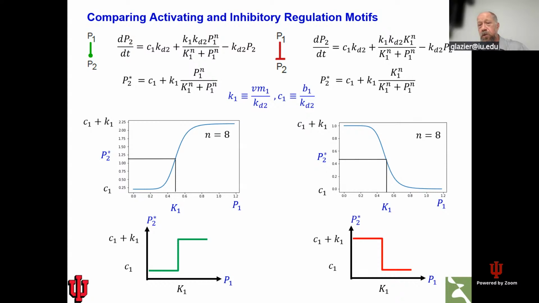The general rule of thumb when you're doing these things is to say that if you have what are called coherent signals, that is P1 and P3 are both activators acting on P2, or P1 and P3 are both inhibitors acting on P2, then you OR them. And if you have incoherent signals, P1 activates and P3 inhibits, then you AND them. The general belief is that inhibitors usually are stronger than activators, so that if you have an inhibitor fighting an activator, the inhibitor tends to win out.